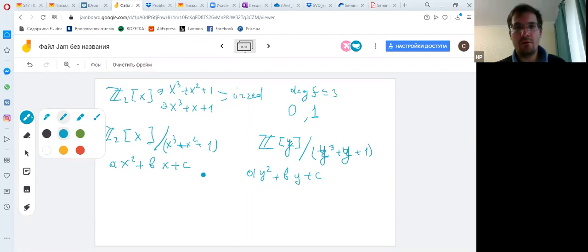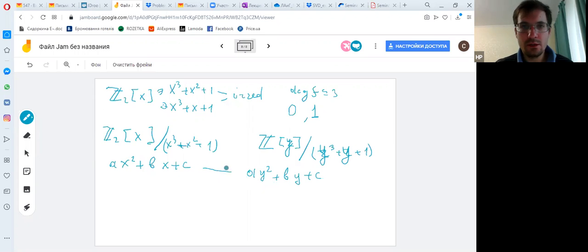But if we correspond this mapping, this is not a homomorphism. Let us check it. For example, I want to check x multiplied by x squared. What is it? We have already understood what multiplication is in such a construction.